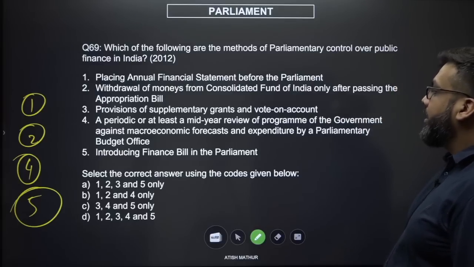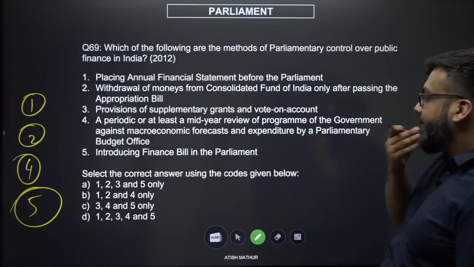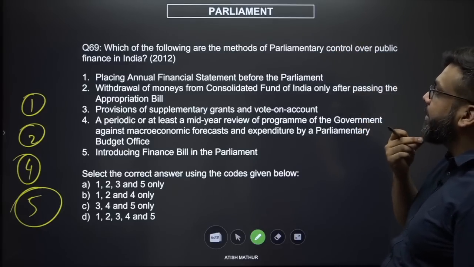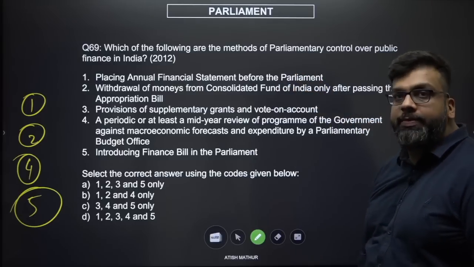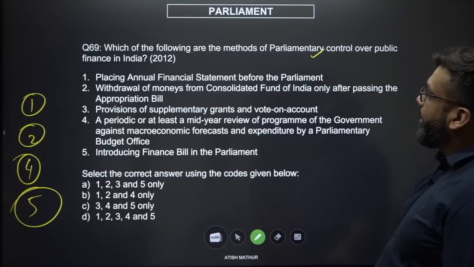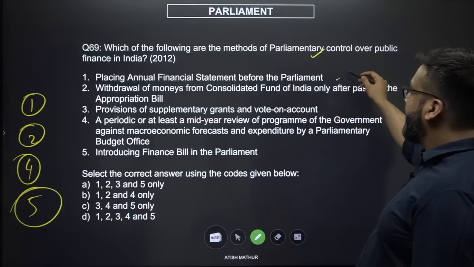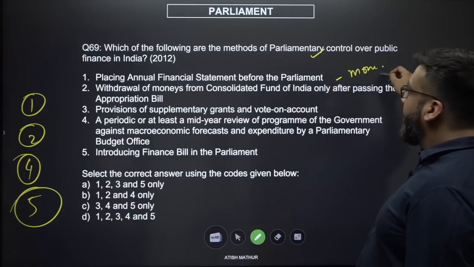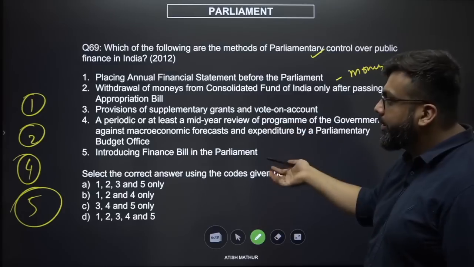Methods of parliamentary control will have to be definite in nature, right? So when you place annual financial statements before the Parliament, which is basically the Parliament passing the budget, this is definitely true. Now, Consolidated Fund of India, when you're taking money out of it, is nothing but a money bill, or let's say in the concept of budget, it is an appropriation bill.